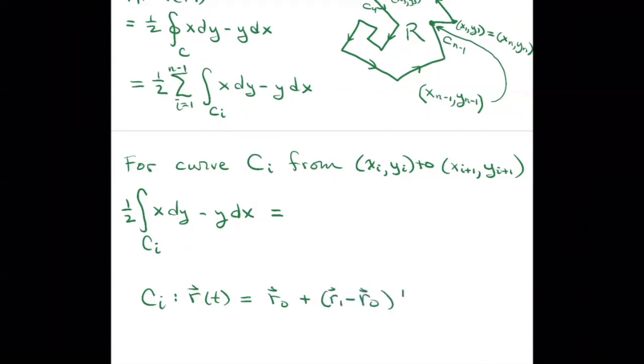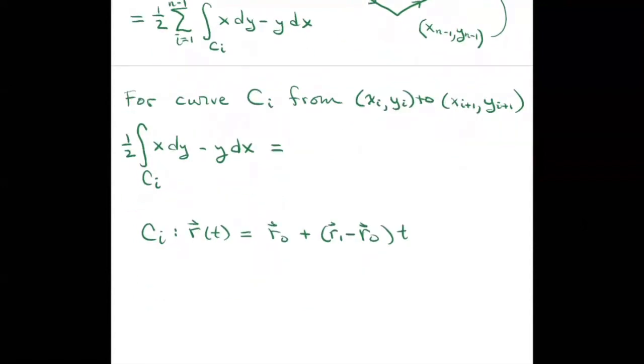That's how we parameterize lines. So r0 is this (xi, yi), plus r1 minus r0, which is (xi plus 1 minus xi, yi plus 1 minus yi), and that's times t. And you'd have t range from 0 to 1.